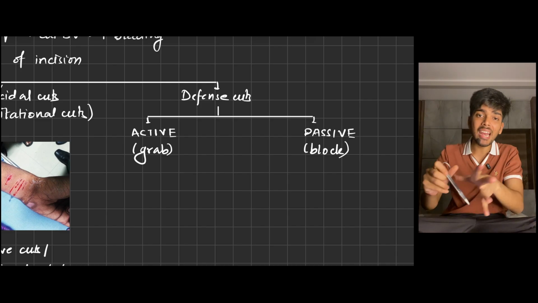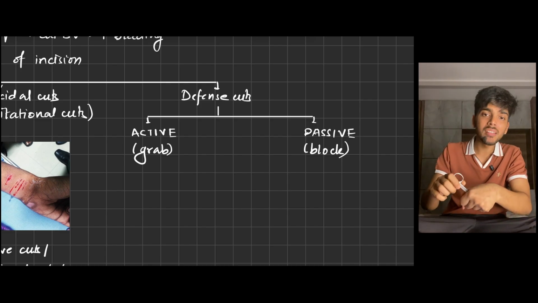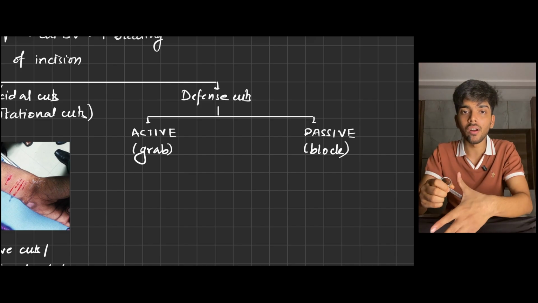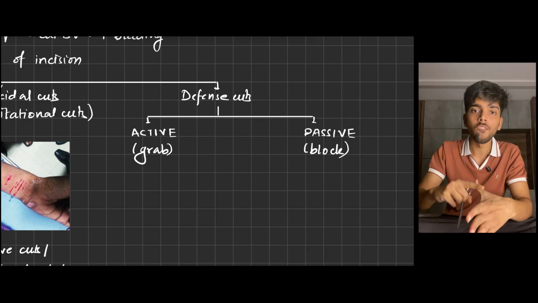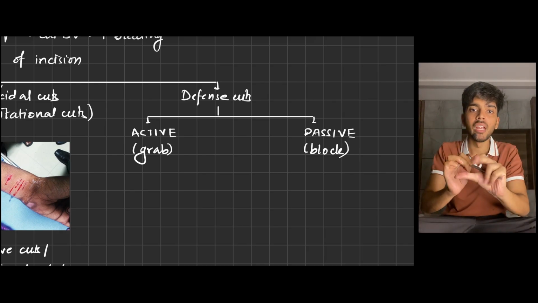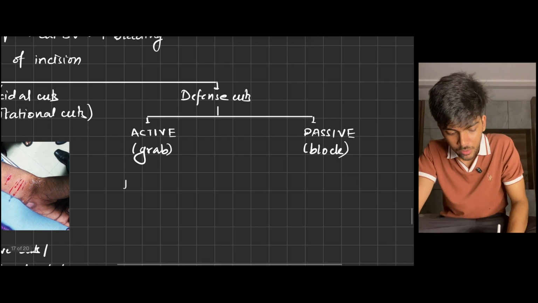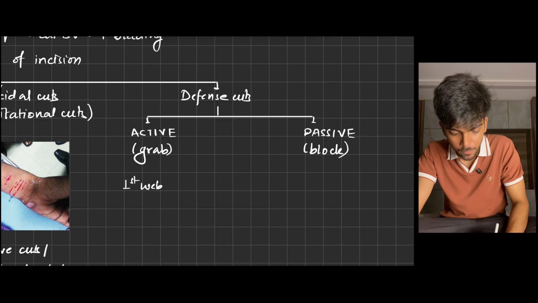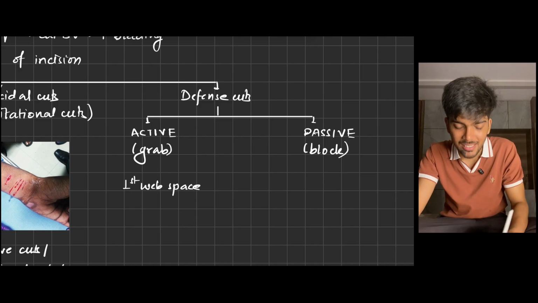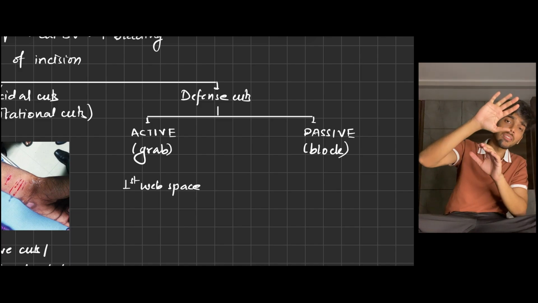When you actively grab the weapon, where does the sharp edge of the weapon go and cut? It will go and cut in the first web space of your palm. So it's seen in the first web space. In passive, when you try to block, where are the cuts going to be?